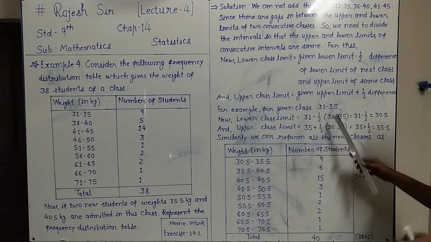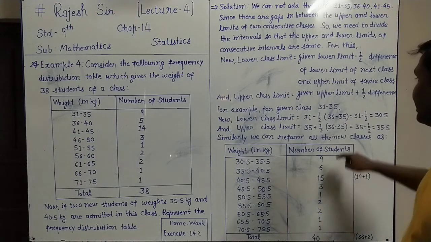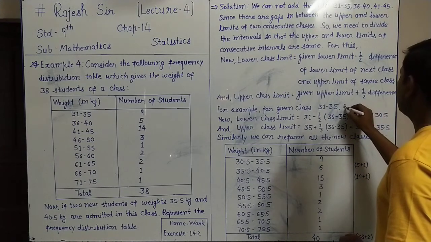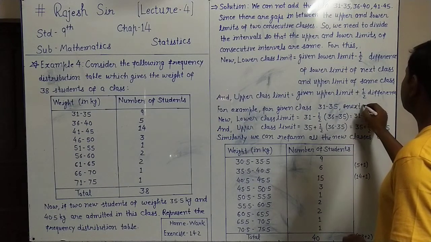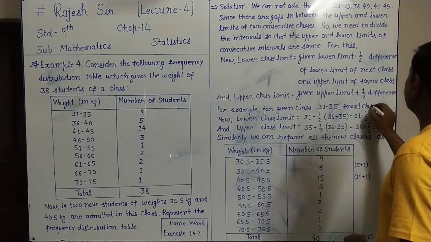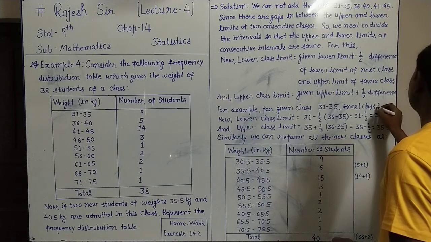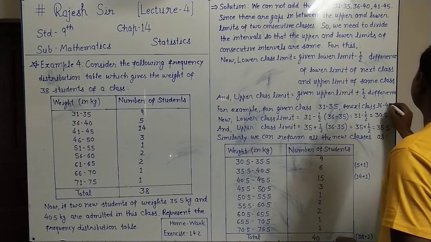The class is 31 to 35. After that, 36 to 40 is the next class.